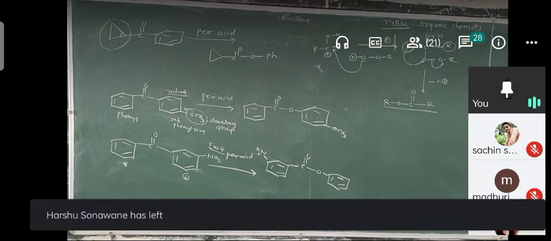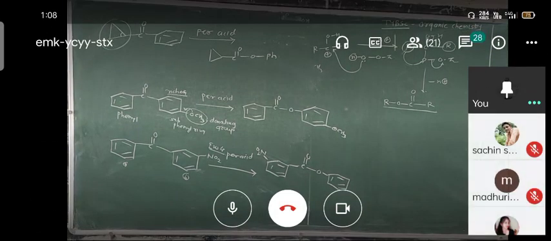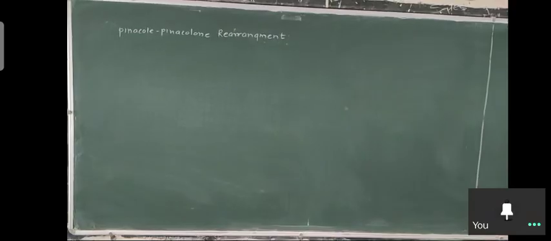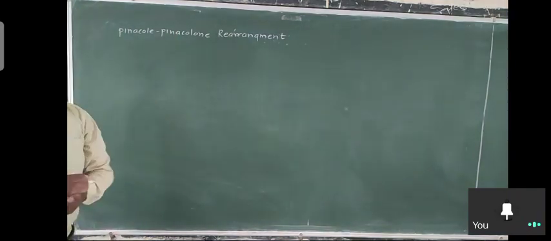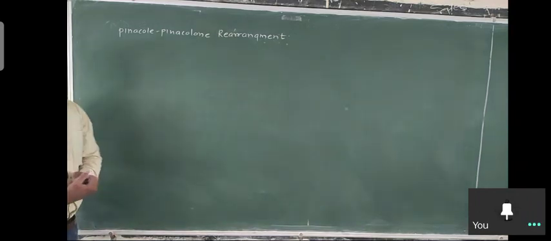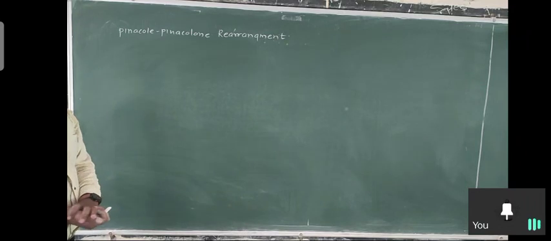We are going to discuss another rearrangement. The next rearrangement is the pinacol rearrangement. So what is a pinacol rearrangement? First of all we discuss what material is required as the starting material, which type of compound it is converted into, and what product is formed in this reaction.